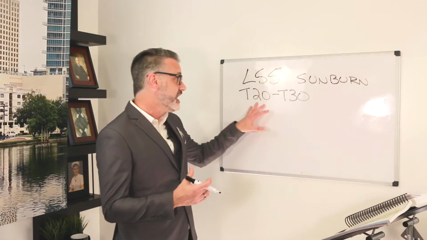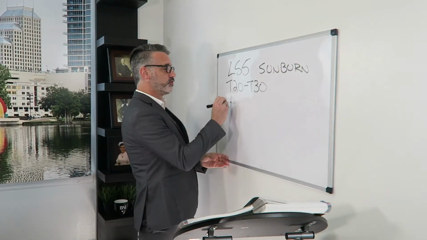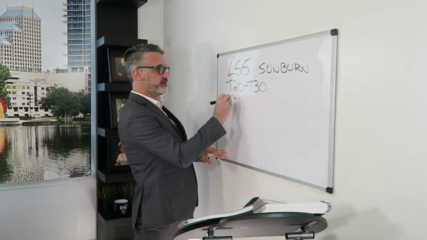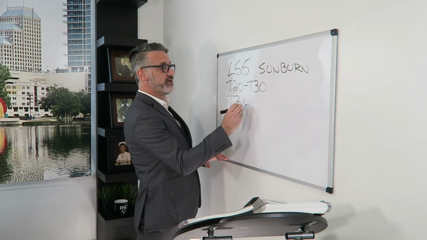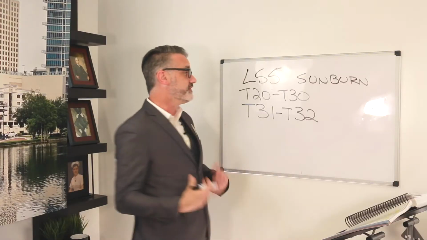T21, burn and corrosion of trunk, and so forth. So remember, a category, when I say that phrase, that's the first three characters of the diagnosis code. And then we'll have one code for T31 if it is a burn, or one code for T32 if it's a corrosion, dealing with the TBSA, total body surface area.